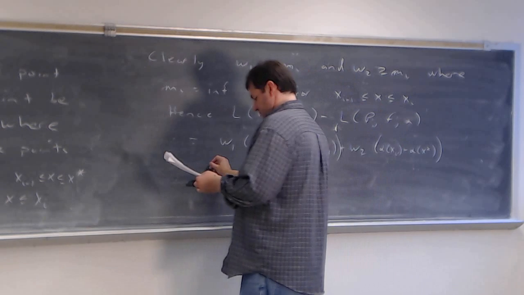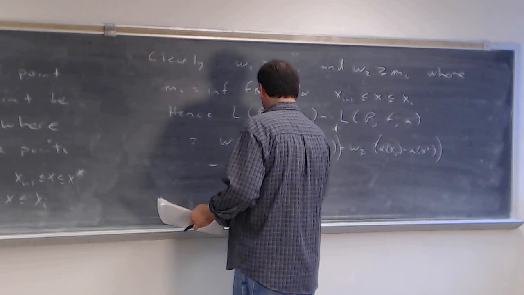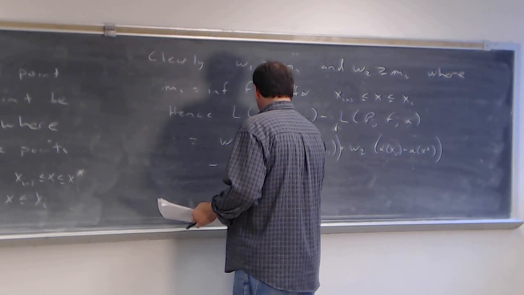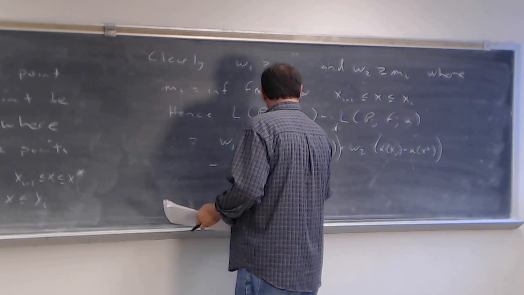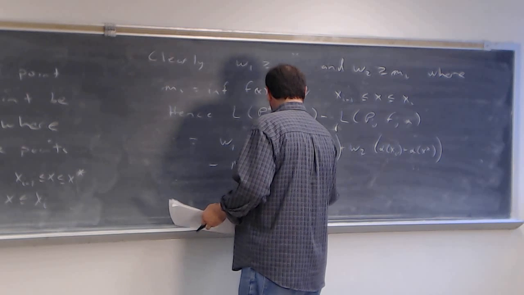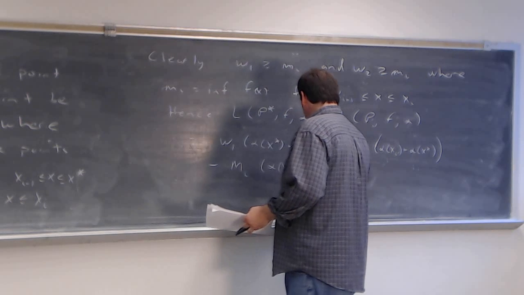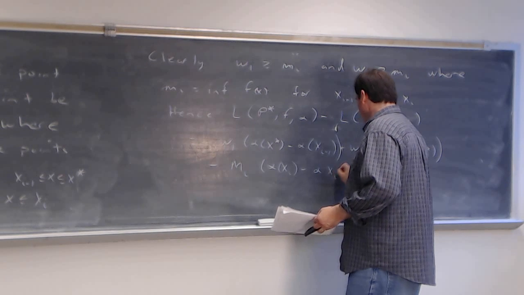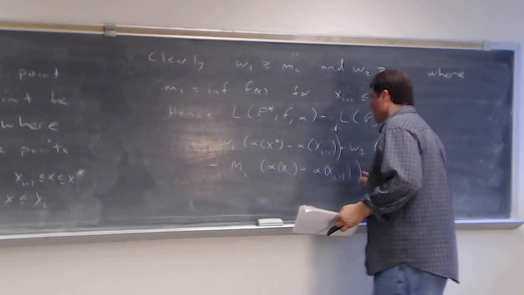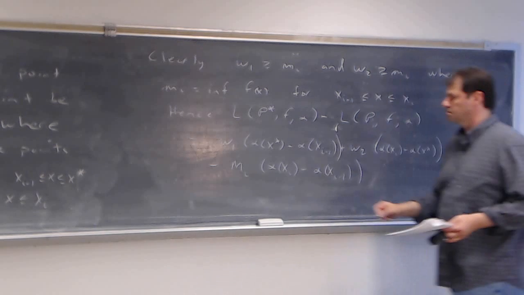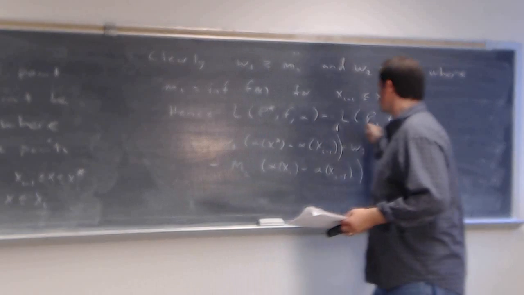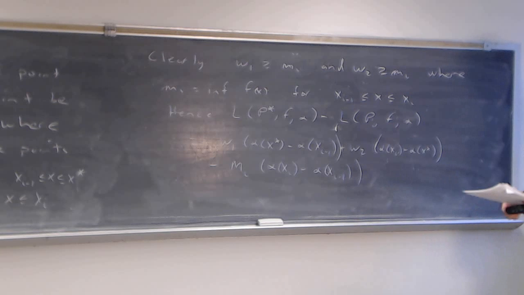Minus the term from the original sum, which is going to be m sub I times alpha x sub I minus alpha x sub I minus 1. Okay, so that's what we have as the subtraction between these two lower sums.